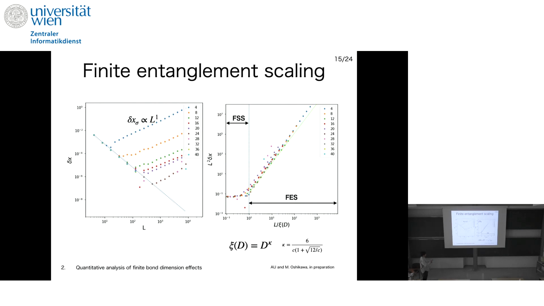For higher bond dimension, you see this convergence. But for finite bond dimension, you have deviation. And the deviation is proportional to L in this log-log plot. And this is a kind of RG dimension, which is 2 minus X_D.